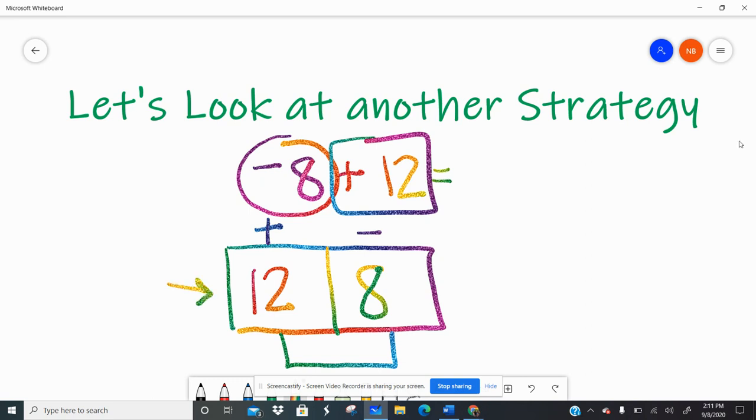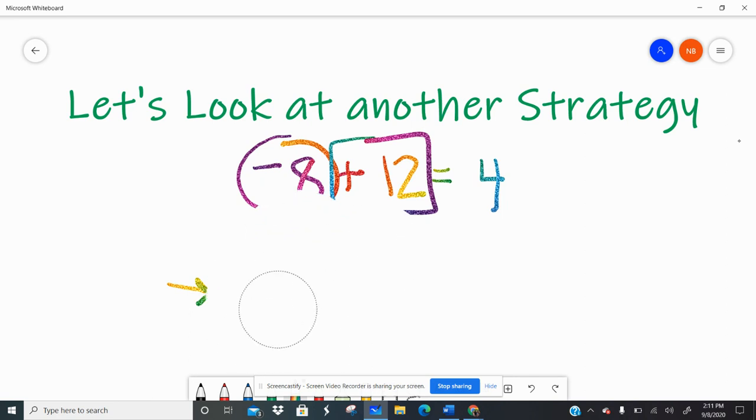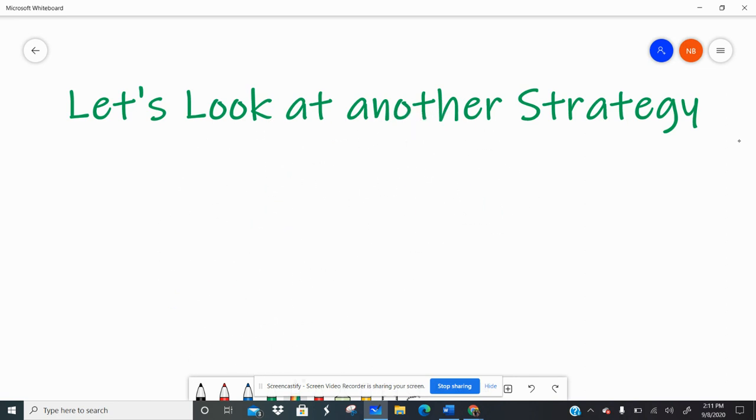And so by how much? Well, 12 is 4 more than 8, and that's positive. So the positive team is winning by 4. So -8 plus 12 is +4. Pretty simple, right?